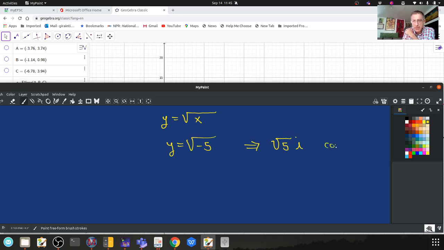This is a complex number with a non-zero imaginary component, because right there's the i. So we can't have that. I can't plot that. That was the whole point. We have to have real numbers.